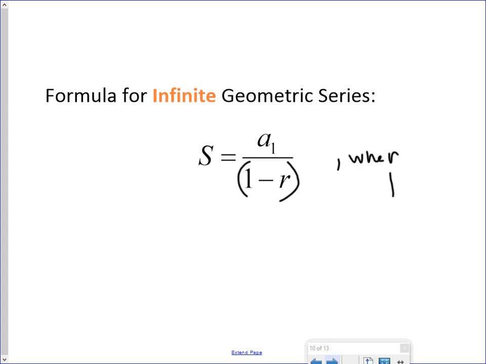That is when the absolute value of r is less than 1 and greater than 0. So r could be positive or negative, but the absolute value of r should be less than 1. So I could show this to you as an example.